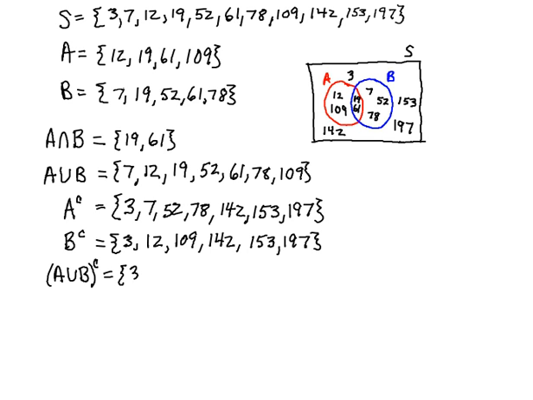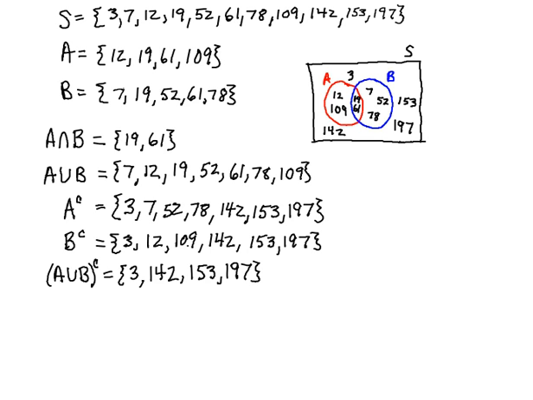I can see 3, 142, 153, and 197. So all of the values outside of the union of A and B, but still within the sample space. What are the values? 3, 142, 153, and 197.